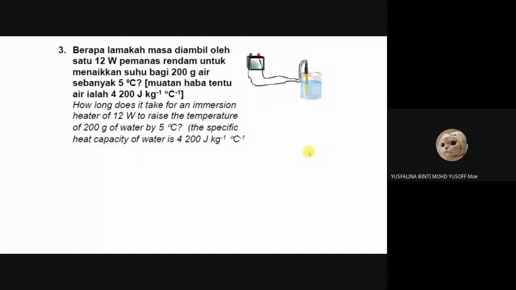Okay, so for this one, what's the answer? Let's try to answer. It said, how long does it take for an immersion heater of 12 watt to raise the temperature of 200 gram of water by 5 degrees Celsius. So here they already give you the specific heat capacity of water is 4200.